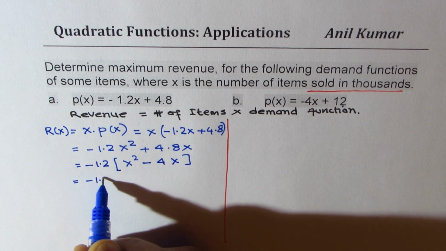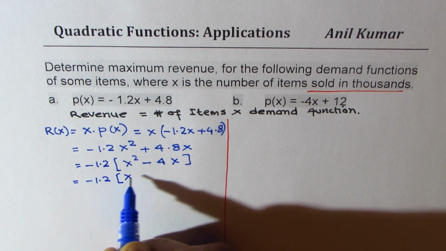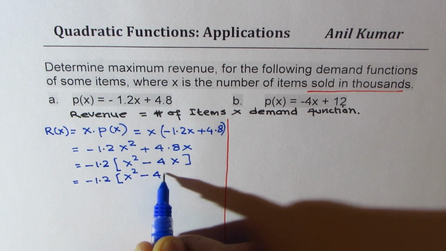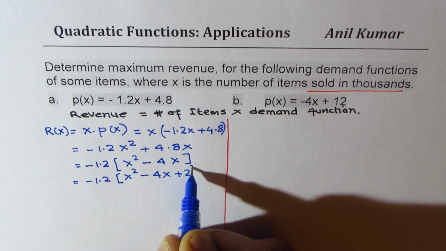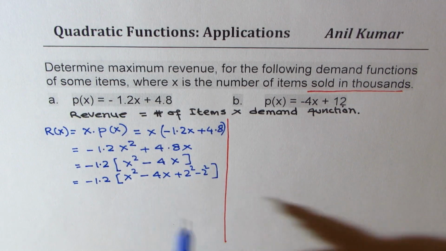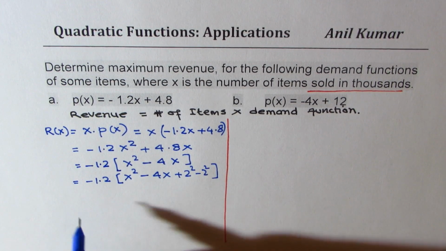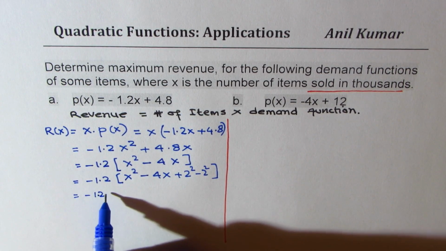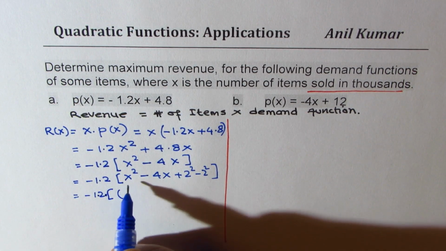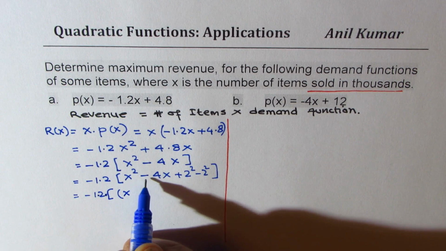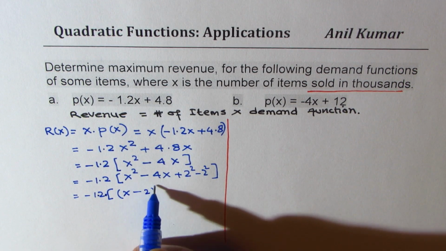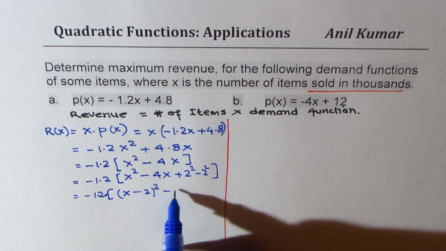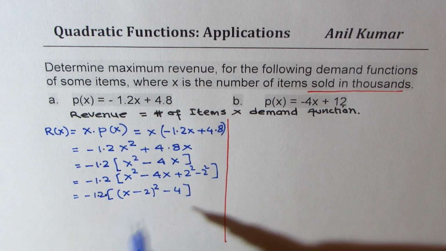Now, half of 4 is 2, right? So we'll do x squared minus 4x plus 2 squared minus 2 squared. That is completing the squares, and as you know, that results in minus 1.2 times x minus 2 whole square, and square of 2 is 4. That is what you get.